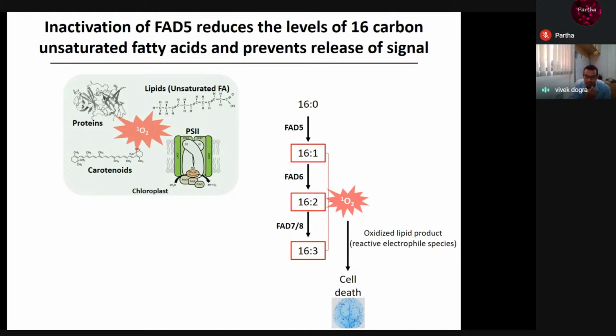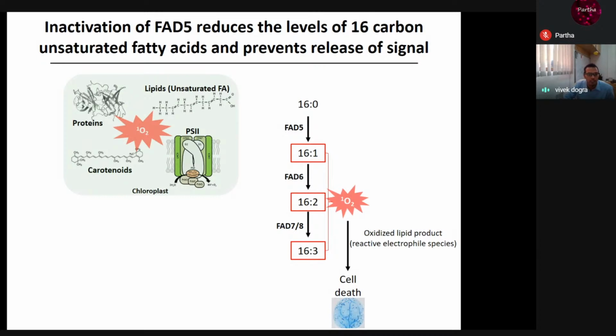But this was something only found in the chloroplast, and now everything was coming into the same picture. Now we have ROS, we have lipids, and in these lipids we have 16 carbon fatty acids, which are only in the chloroplast, and FAD5 leads to the generation of unsaturated fatty acids, and unsaturated fatty acids are the targets of oxygen.